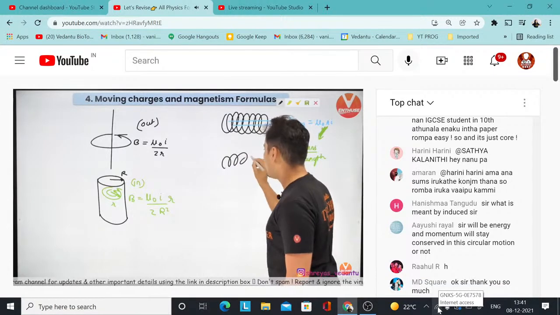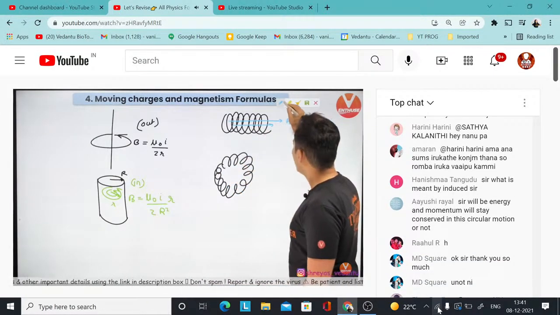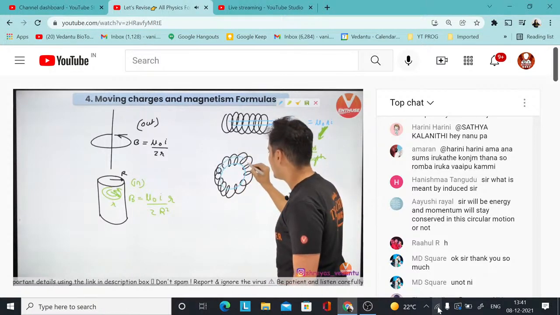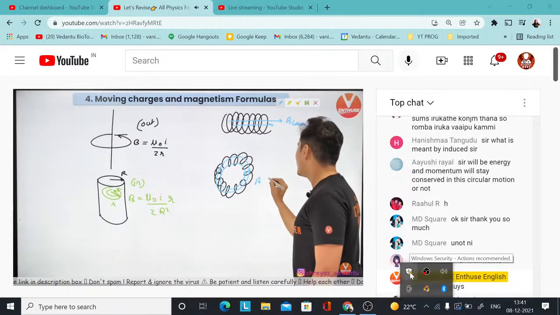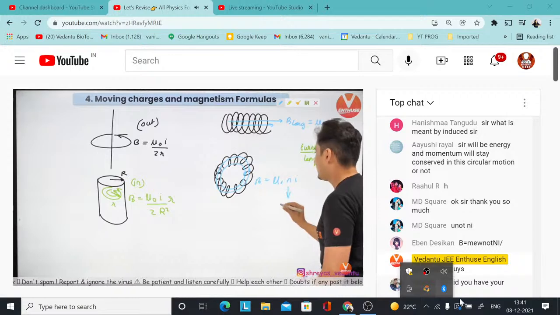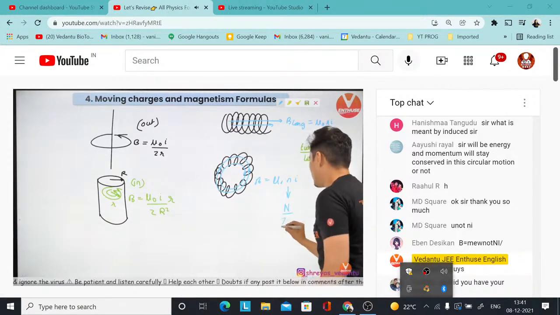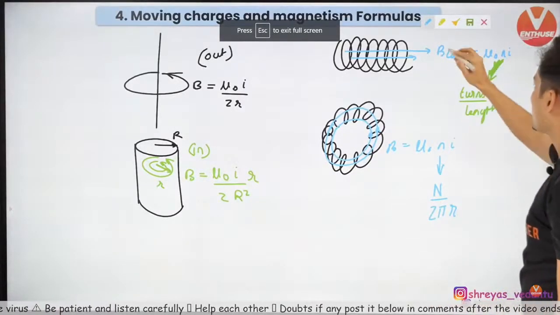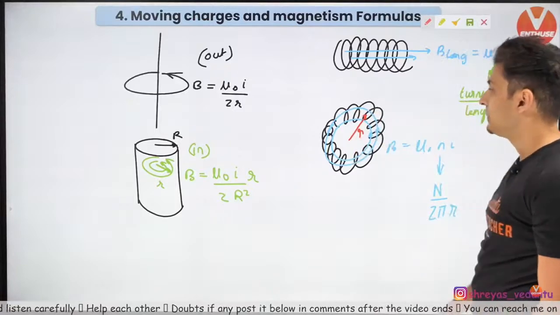And if you have a toroid, it is essentially a solenoid. Then also you can find out the magnetic field inside that toroid, and that will be exactly the same. It is mu naught n i. This n is total turns by total circumference, which is 2 pi r, where r is the radius of the toroid.